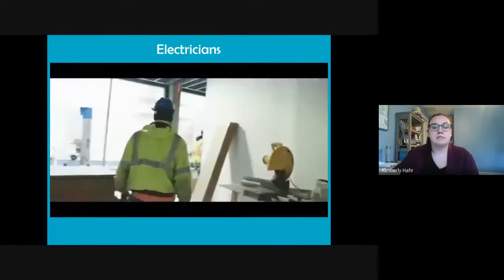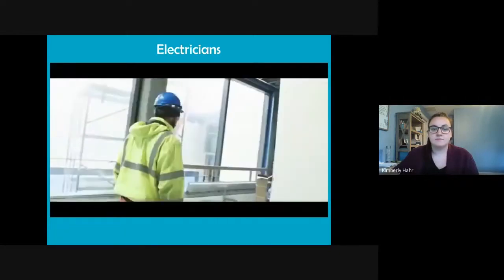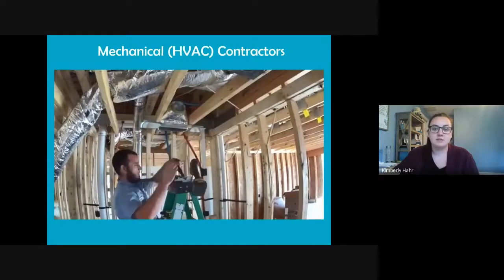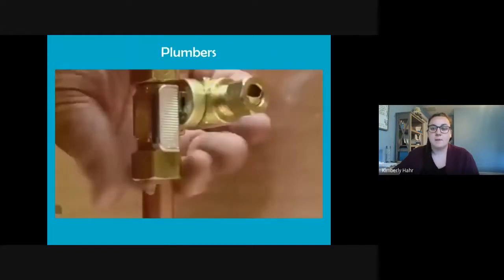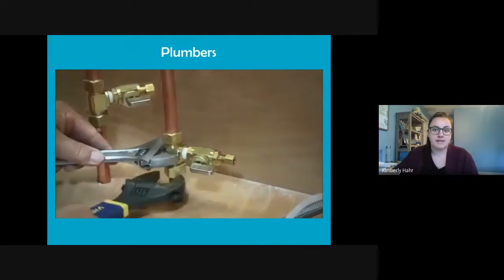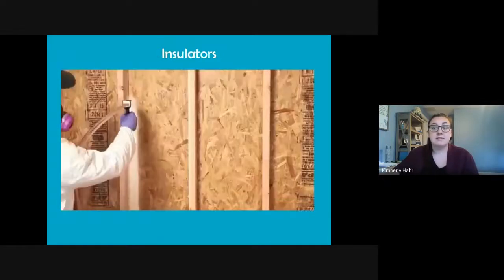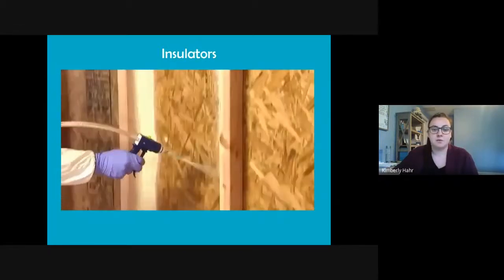Electricians install the power systems and the lighting. Mechanical or HVAC contractors install the heating and air conditioning systems. Plumbers install toilets, sinks, tubs, and all of the pipes that lead to them. Insulators come behind them and protect the building and its pipes and ductwork.